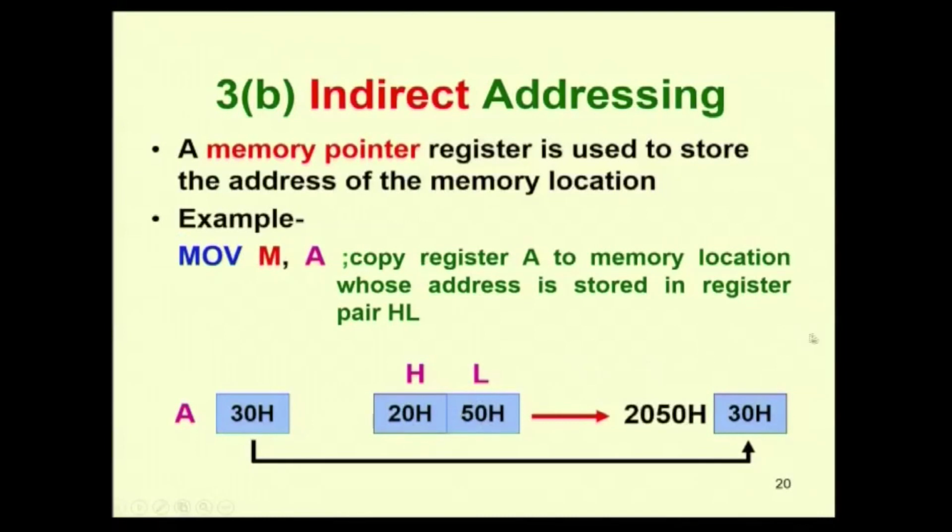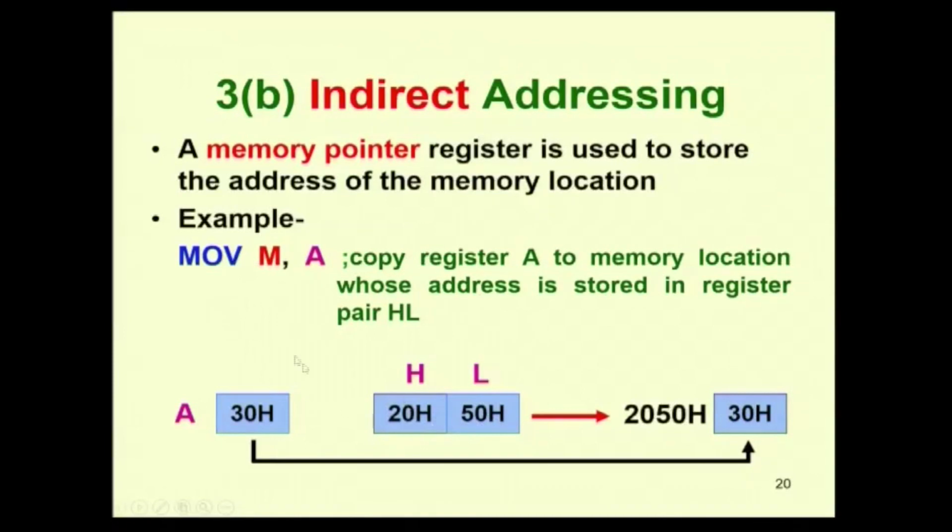In the previous case, we mentioned the address 2050H along with our instruction. In this case, 2050H is preloaded by a normal move instruction.